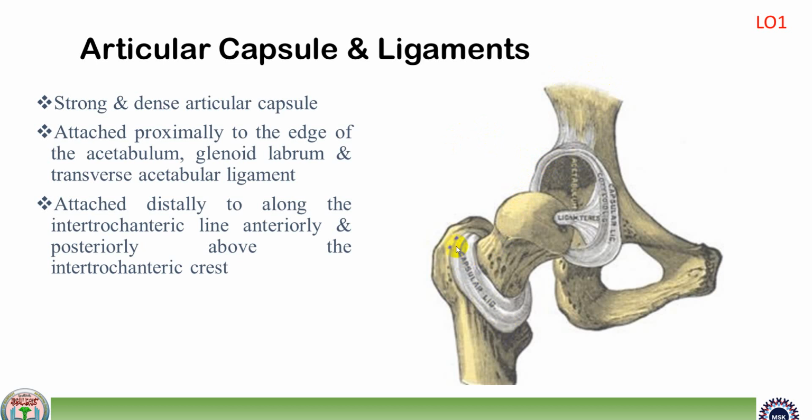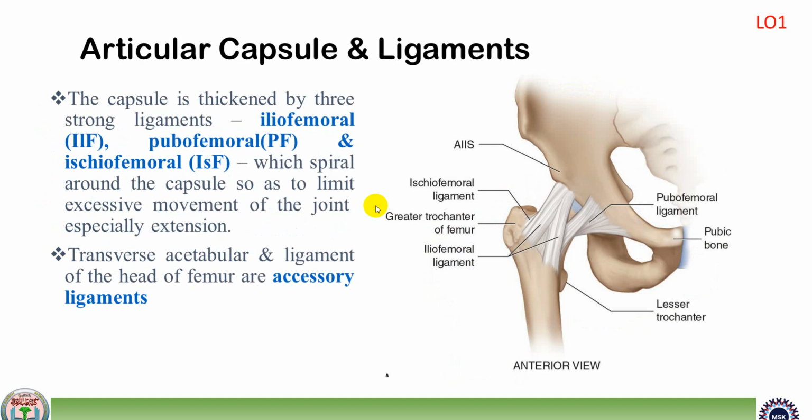Posteriorly it reaches just proximal to the intertrochanteric crest but is not attached to the crest. In addition, the capsule is further strengthened by three important ligaments for the stability of the head and stability of the joint as a whole.